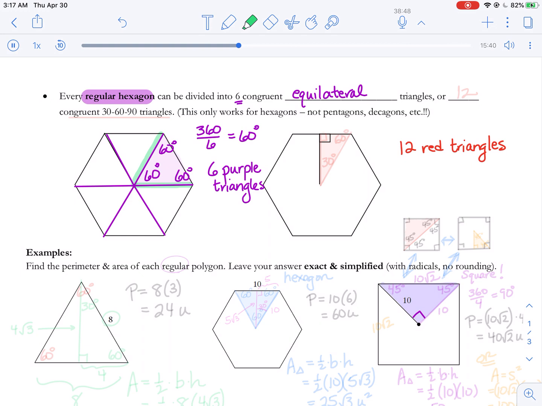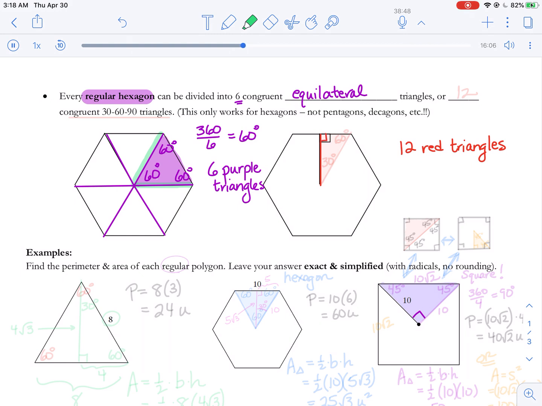Okay, and so there would be 6 of these triangles. But remember, we had done a few of these recently, when you wanted to find the area of one of those equilateral triangles, you would draw in an altitude here, creating what kind of triangles? 30, 60, 90.